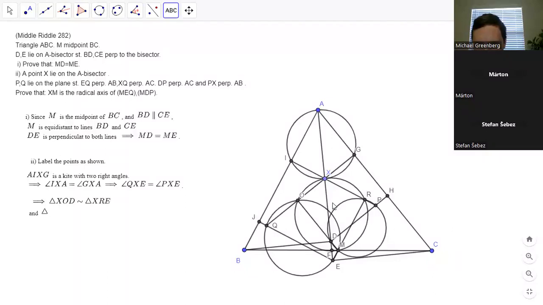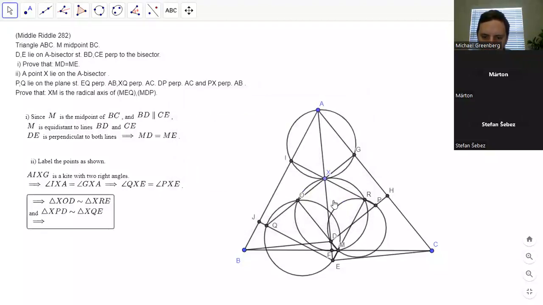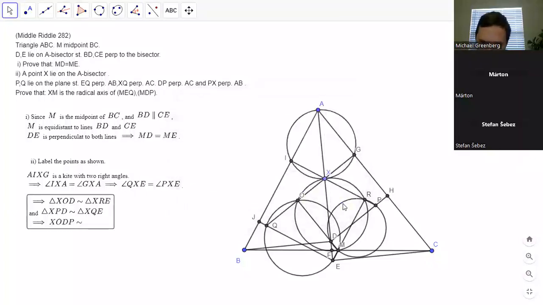And PD is similar to XQE. And these together imply that XODP is similar to XREQ.